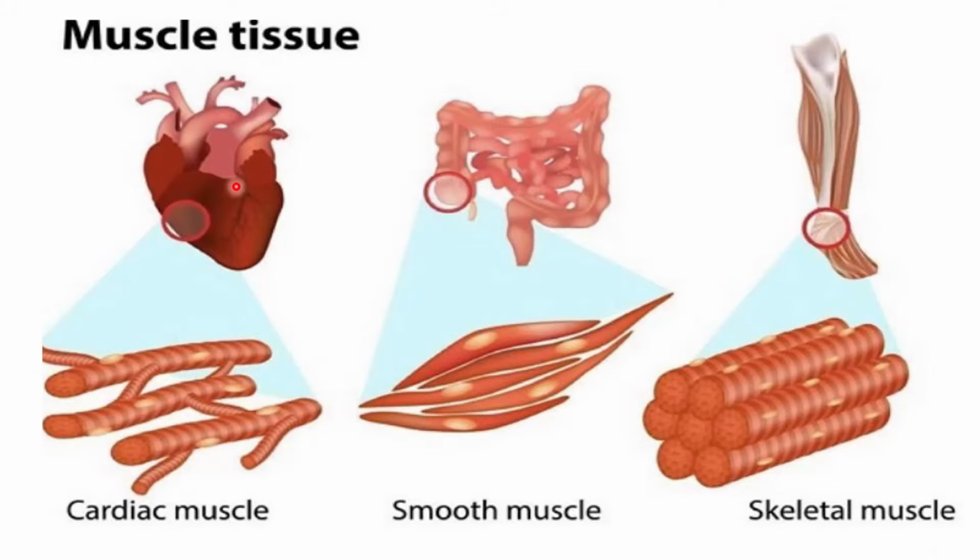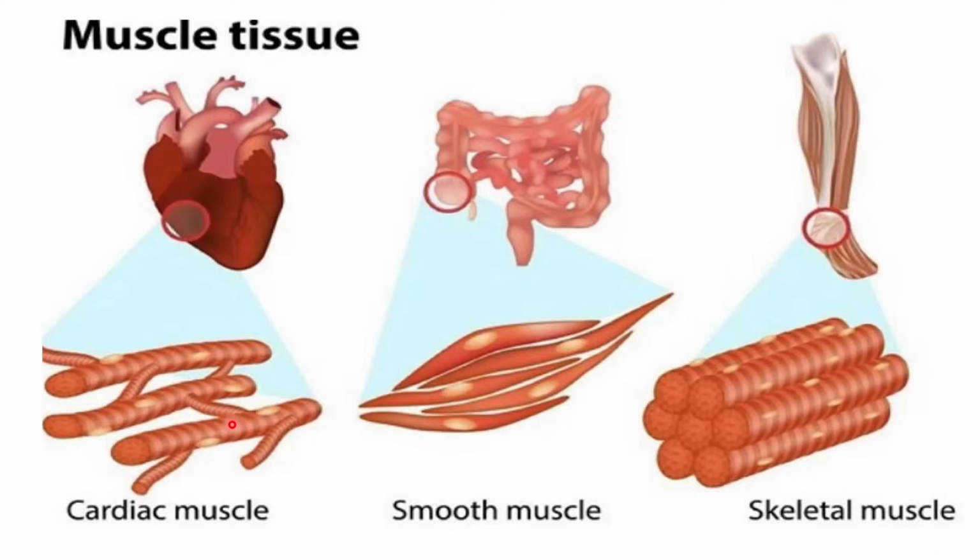You go now to cardiac muscles. Cardiac muscles are found in the heart only. The difference between them is that skeletal muscles are parallel to one another and there is no branching, but in cardiac muscles there is branching, as you can see there.